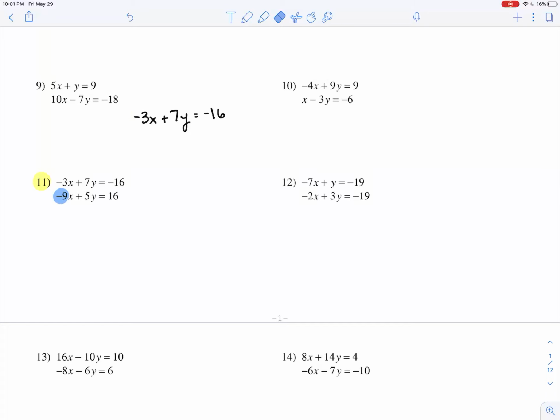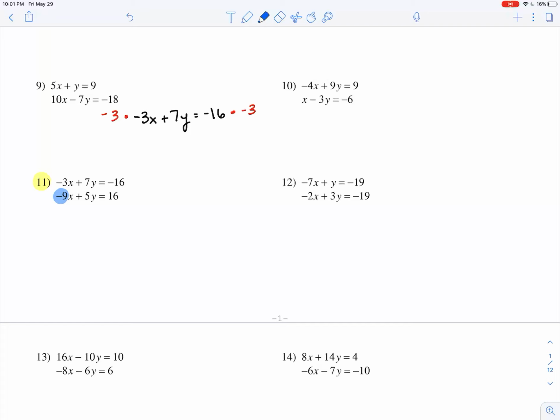So how am I going to write this? I'm going to multiply that by -3. If I do it to the left side, I also have to do it to the right side. Did anyone catch my mistake yet? Please tell me you caught it. Okay, I'll tell you.